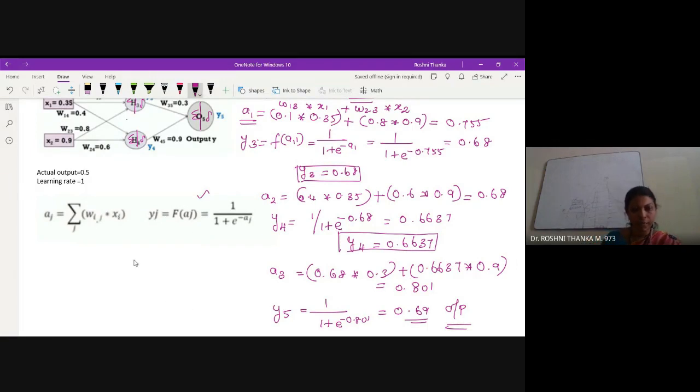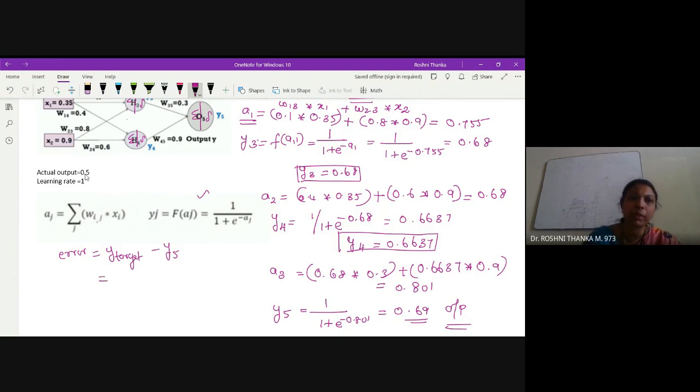So how will you find the error? The error is y target minus y5, which means actual value minus predicted value. That is what we generally do.